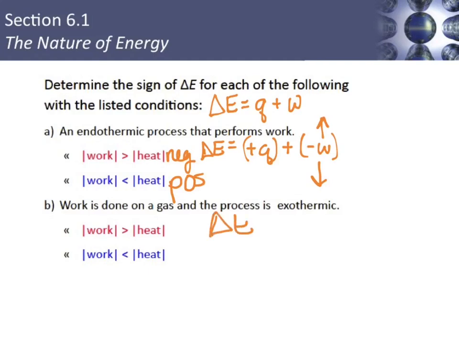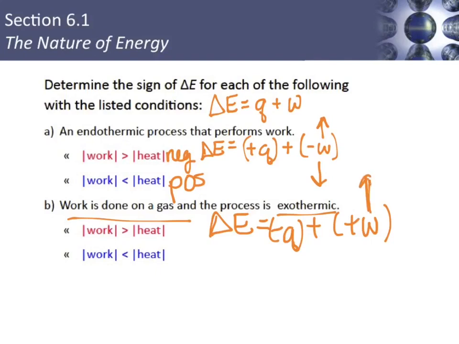Again, this next time, if work is done on a gas, that means that we have a positive W, and the process is exothermic, that means a negative Q. If the work number is greater than heat, greater than Q, then what is our value going to be? Our sign should be positive.